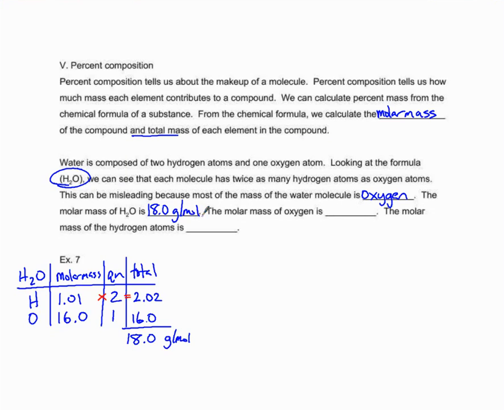The total mass of the oxygen, 16.0 grams per mole. And the total mass of the hydrogen atoms, 2.02 grams per mole. Should probably stick in the word total right here.